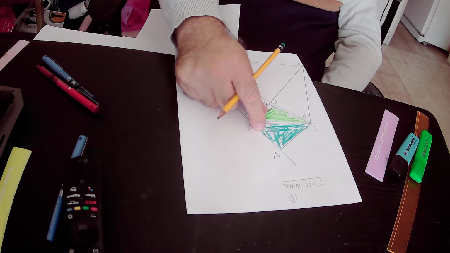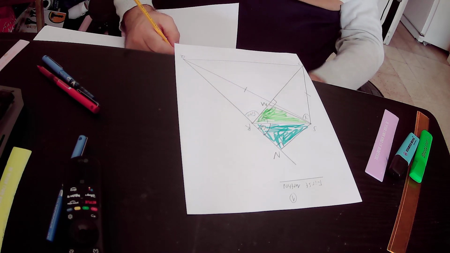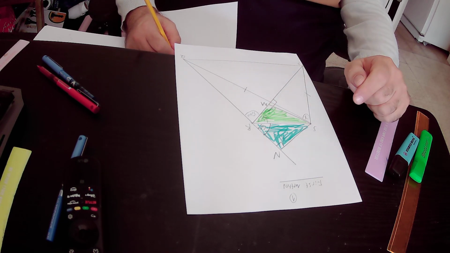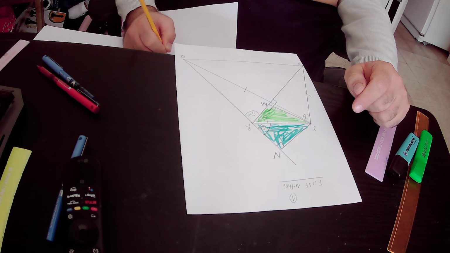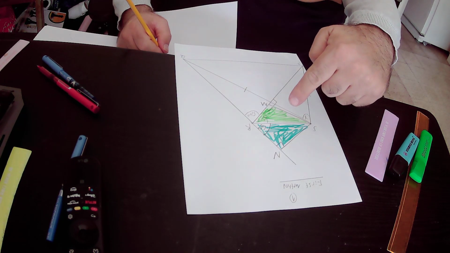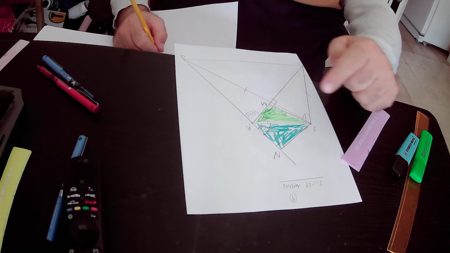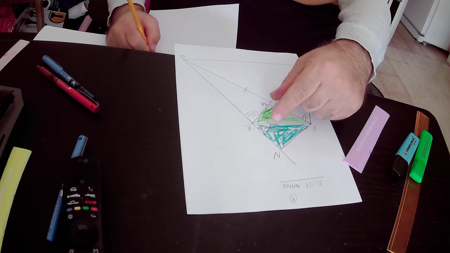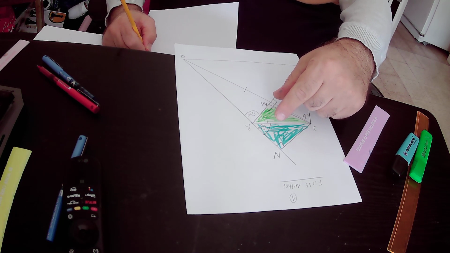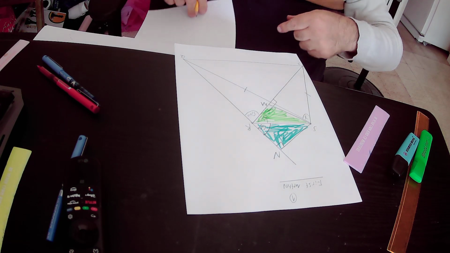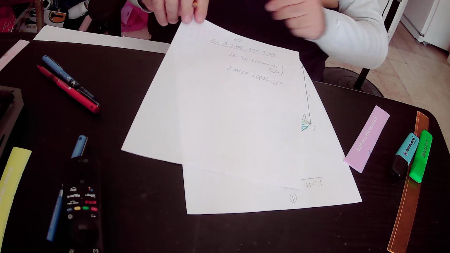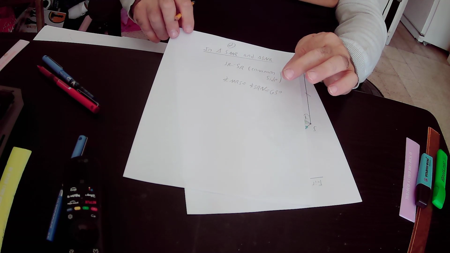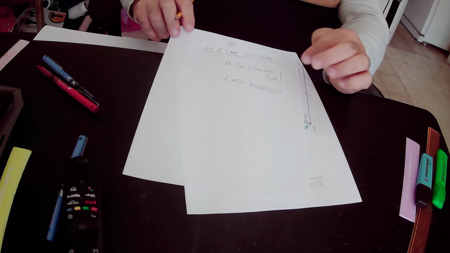They are both equal to 65 degrees. So angle MRS, this angle, equals angle SRN, this angle, and both those angles are equal to 65 degrees.